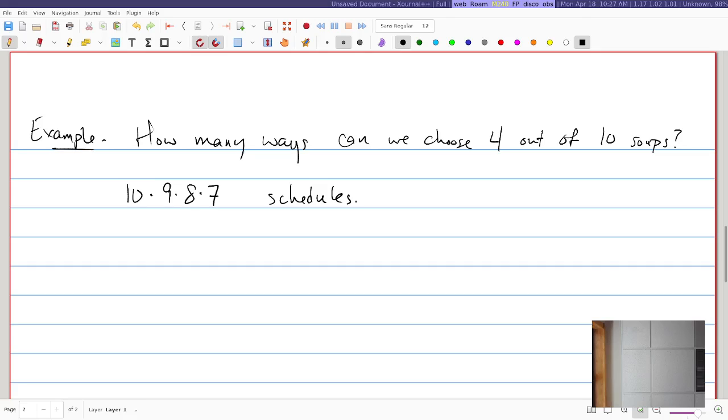In other words, if I have 4 specific soups in mind and I want to stick to those 4, how many different schedules can I make that only use those exact 4 soups?